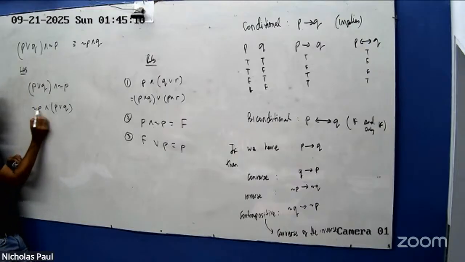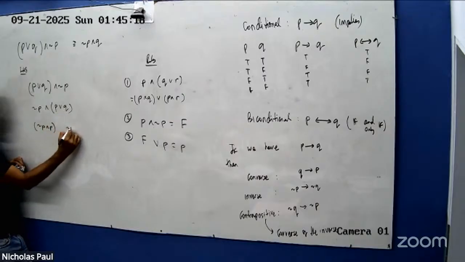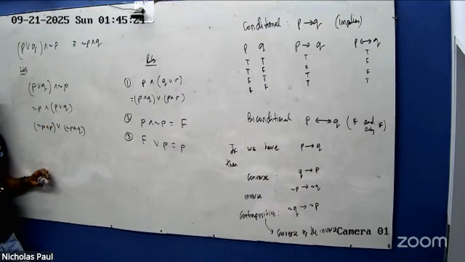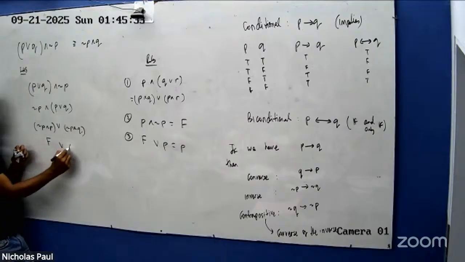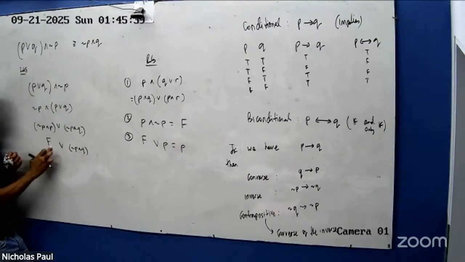Negation of P and P, negation of P and Q. And what goes in the middle? You okay with that? What is the negation of P and P? It's only one bracket. What is false or anything?